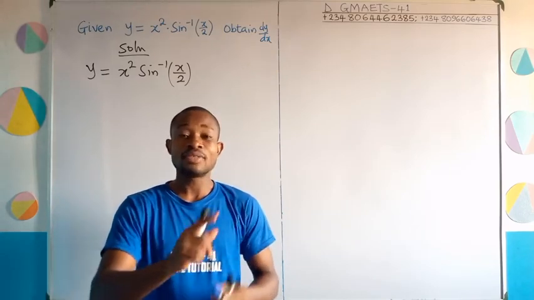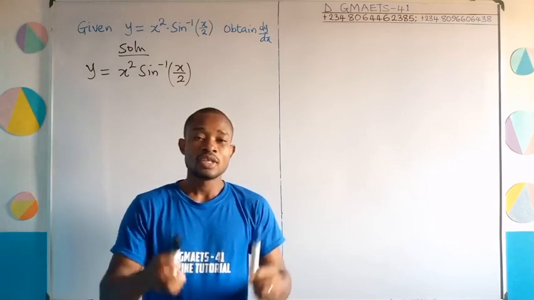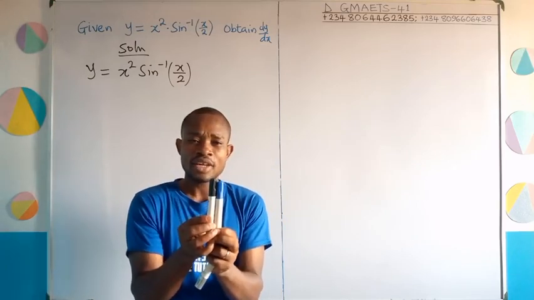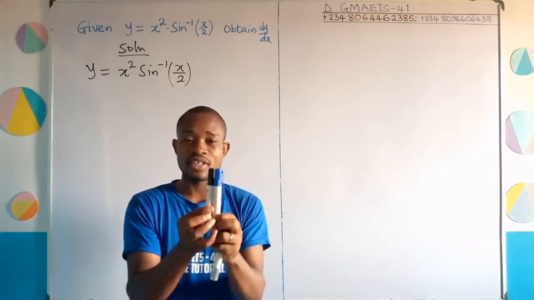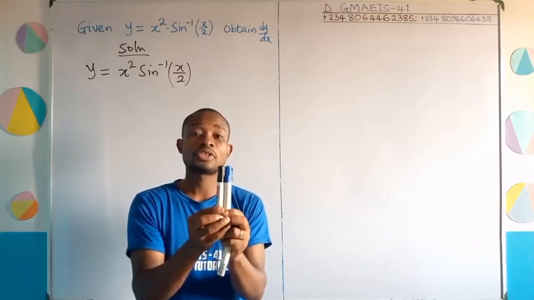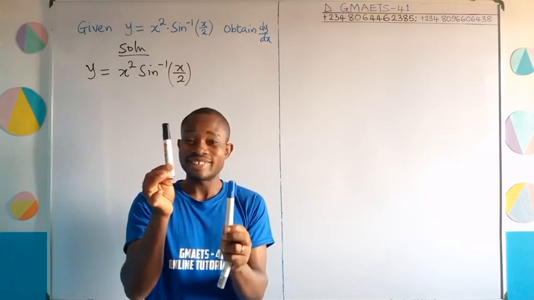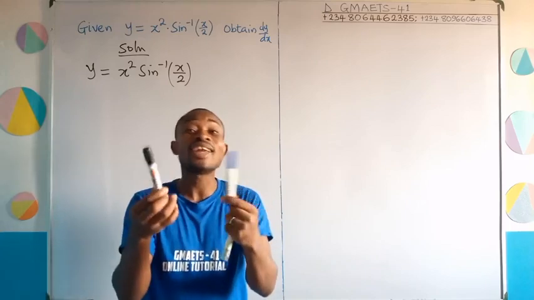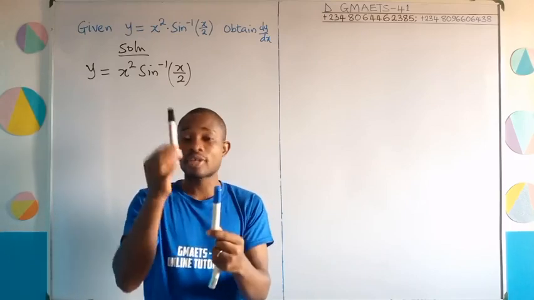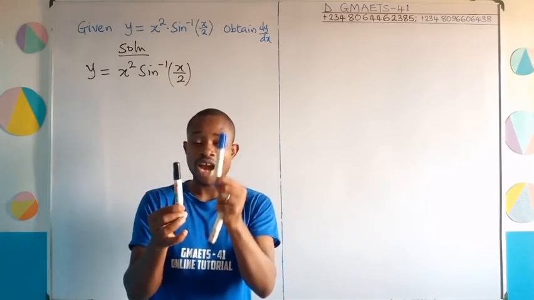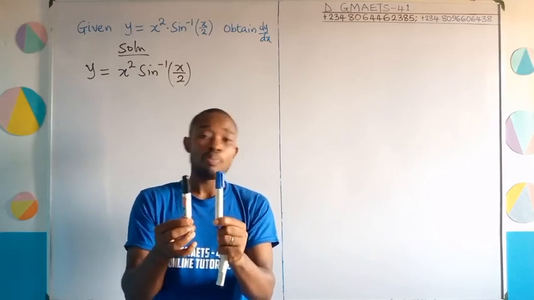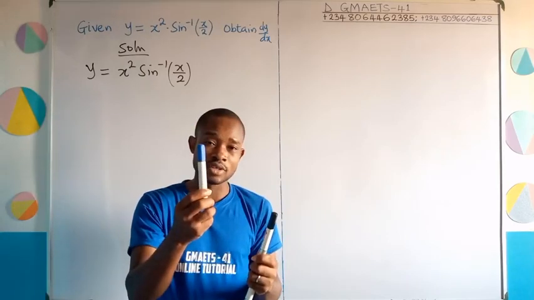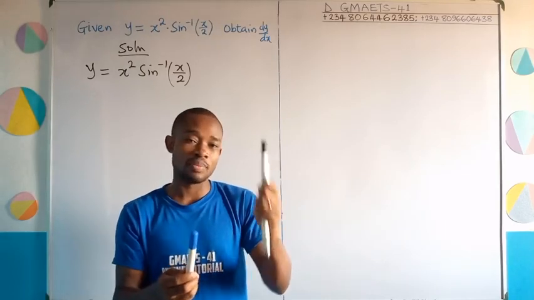That is the formula. That is what we refer to as the product rule. Now, the clear interpretation of the product rule is this. You are given these two things, and they are being multiplied, and then you are asked to obtain the derivative of the function. So the product rule says keep this black constant times differentiate this blue with respect to x, plus you reverse the process: keep this blue constant and differentiate the black.